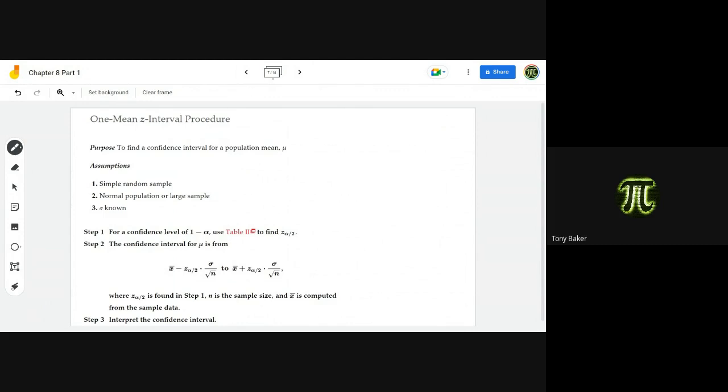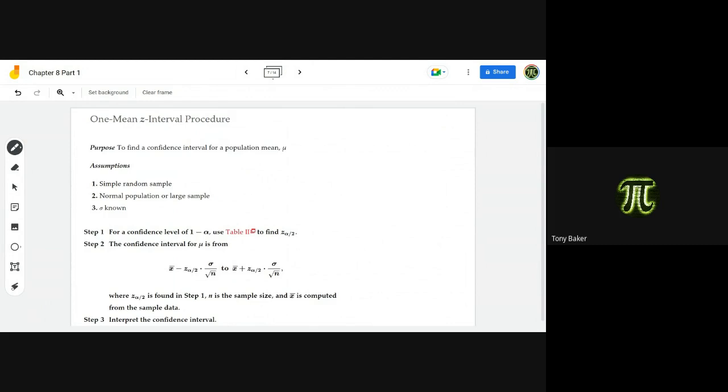A few things that you need to look at before we can do this. We need to make sure that the sample that we have is a random sample. So there can't be any bias in how we've collected the data. It's got to be randomized. That's key.